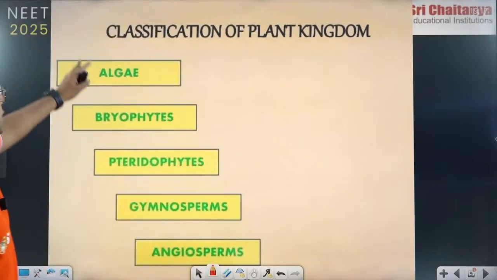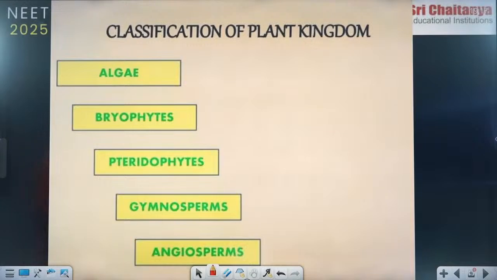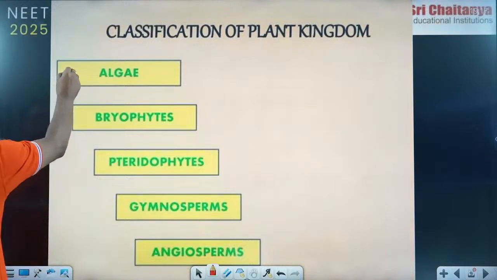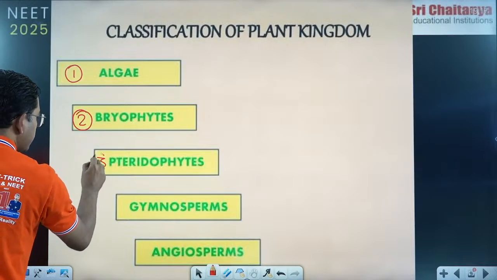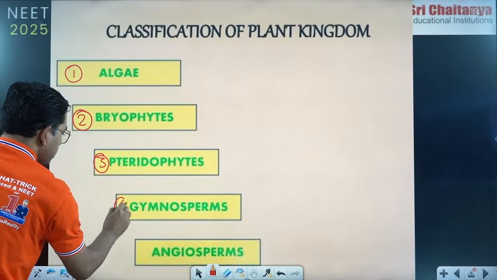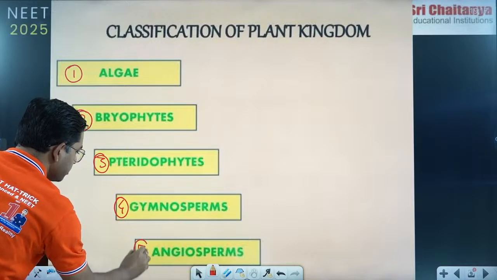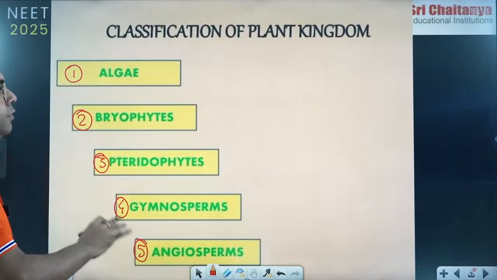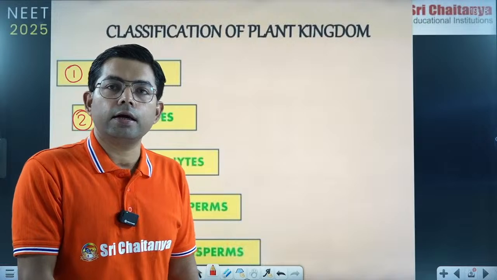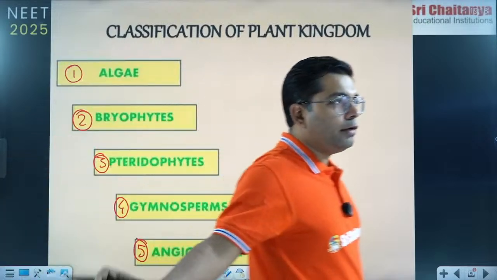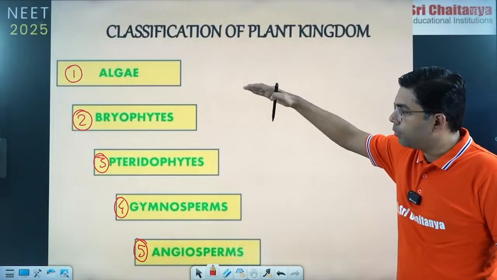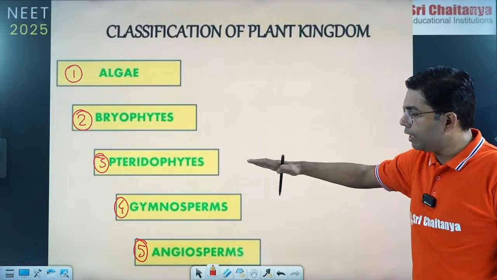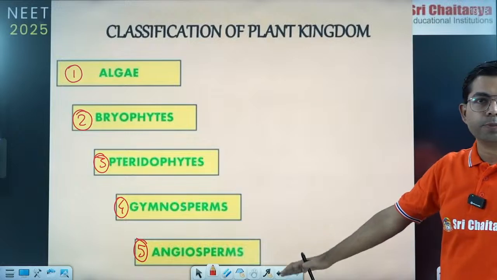Now, the plant kingdom is further divided into algae, bryophyte, pteridophyte, gymnosperm and angiosperm. These are the 5 divisions of the plant kingdom. Once again, algae, bryophyte, pteridophyte, gymnosperm and angiosperm.